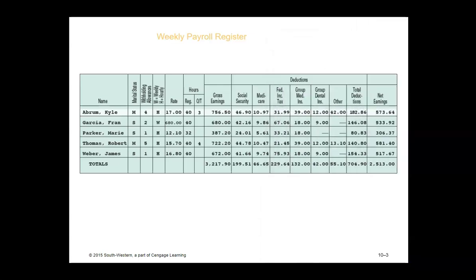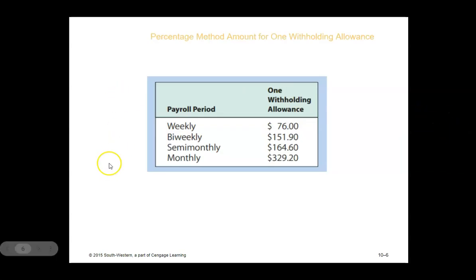So that's how we calculated his gross earnings. If you take a look at the payroll register, after the Social Security and Medicare section, there's a place for your federal income taxes. There are two main ways to calculate this, the most notable being the percentage method.